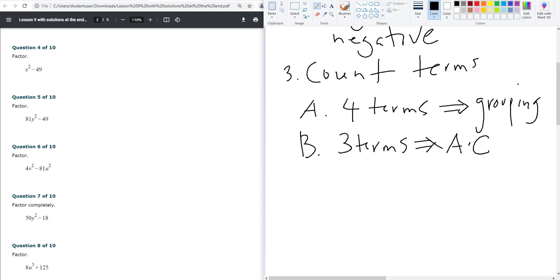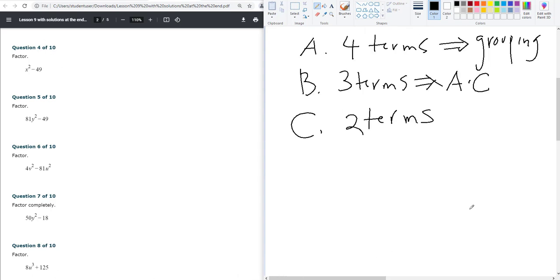Now, if the first term is a 1x squared or a 1m squared, you don't have to go through the whole AC, but the AC method will work for all 3 terms or all trinomials. And then C is our 2 terms. Those are your binomials, and that's what we're going to talk about in numbers 4 through 8.